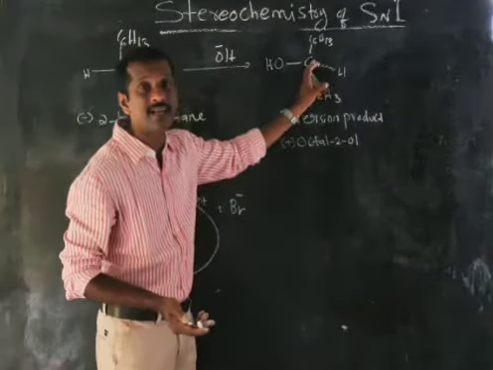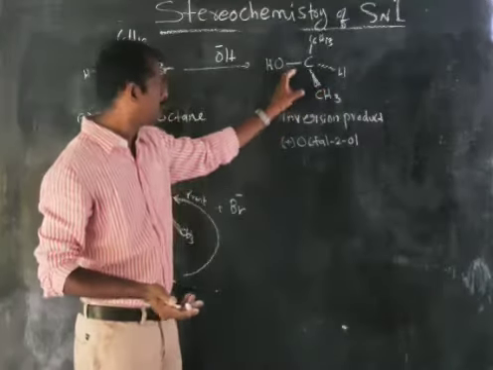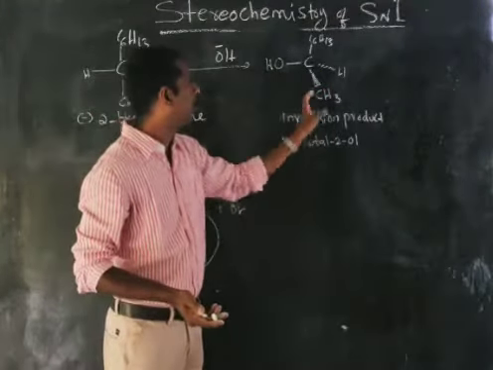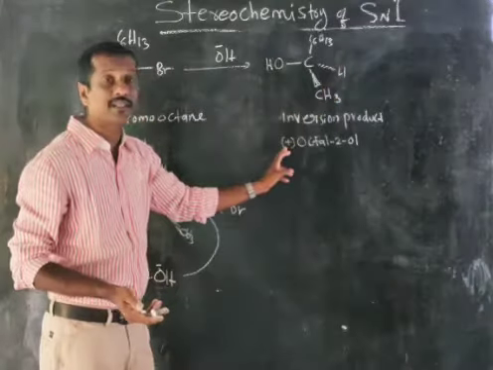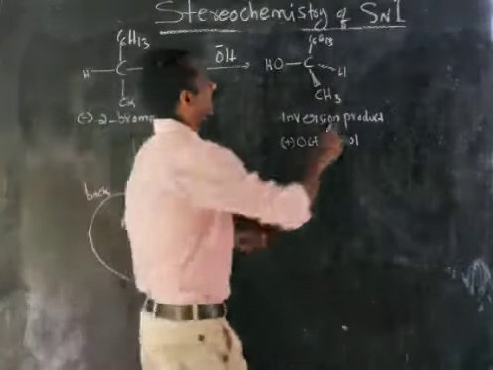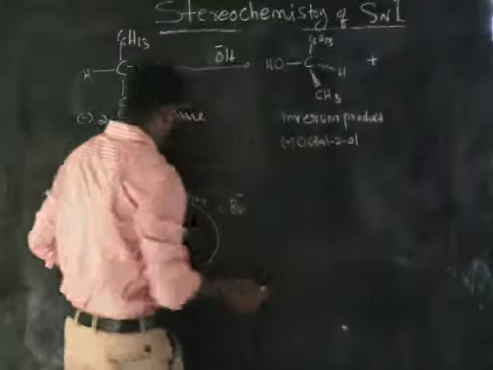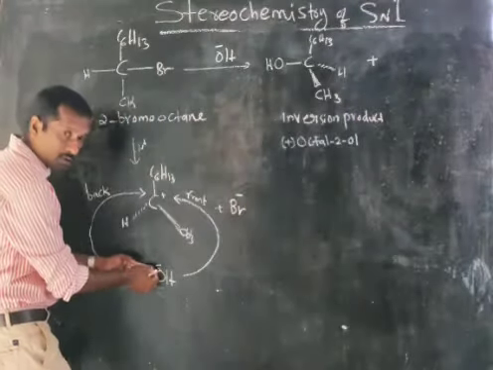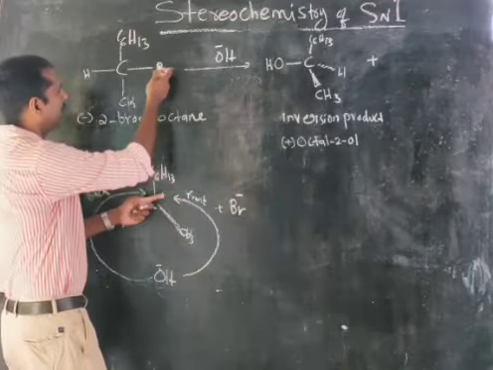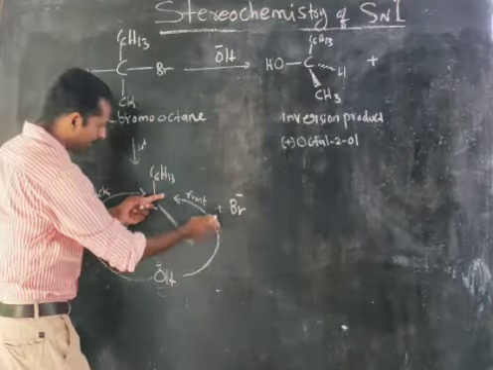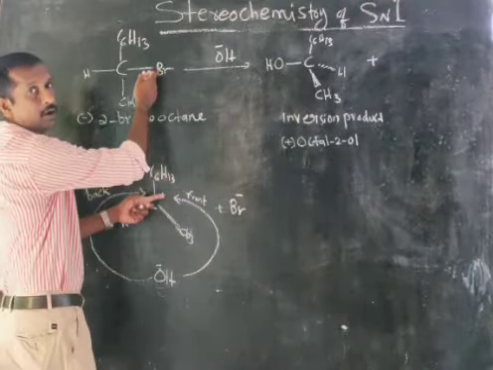So you can name it as an inversion product. What is the compound name? Octane 2-ol, and since this is inversion, this is plus octane 2-ol. Now, if the OH minus nucleophile attacks from the front side, what will happen? You get the same structure as your substrate.